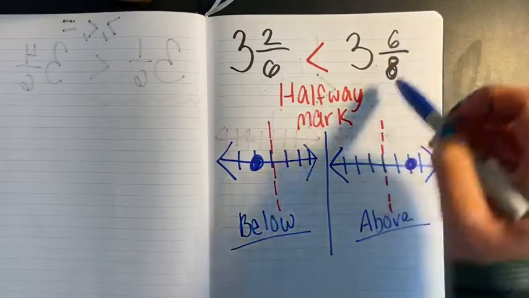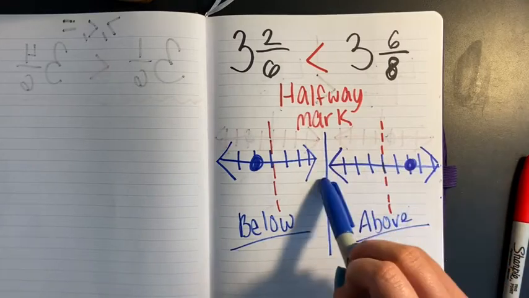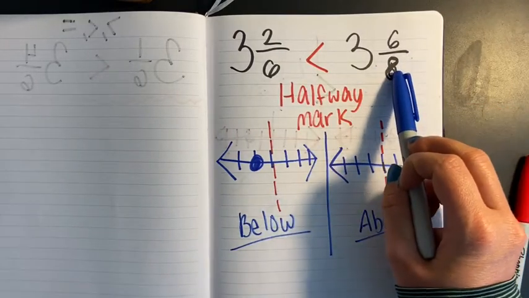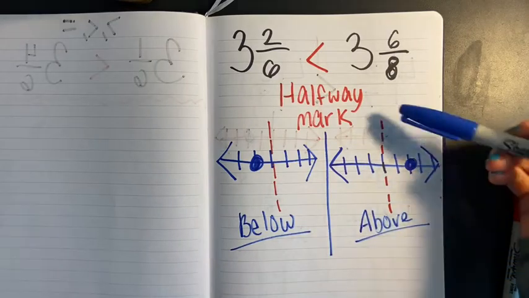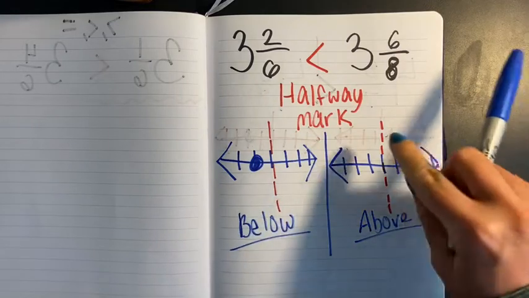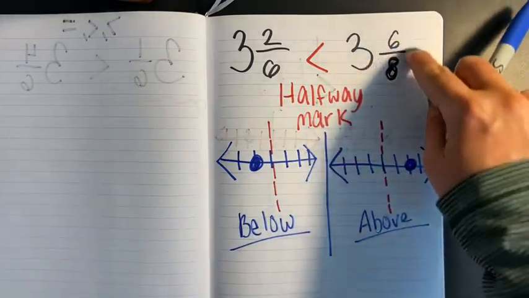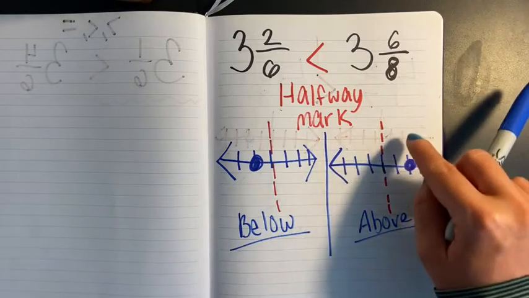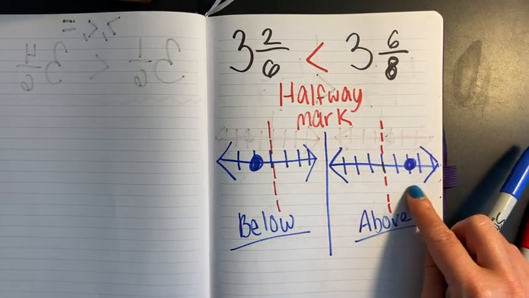The 6/8 we then wrote on a number line, and I broke apart this number line into 8 pieces because our denominator is 8. I know that 4 is going to be half of 8, so I put a red dotted line right here, and I see that 6/8 is our fraction, so I put a dot on the 6/8 part.